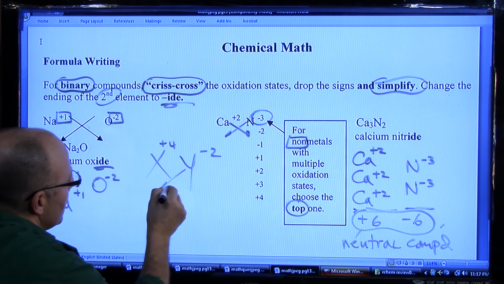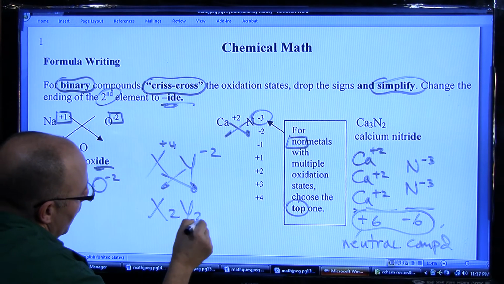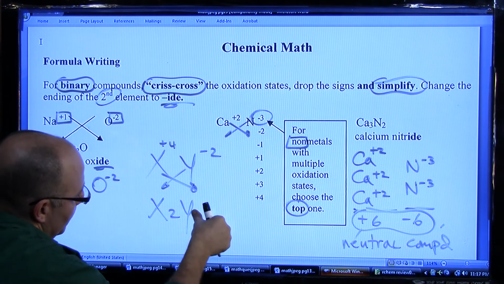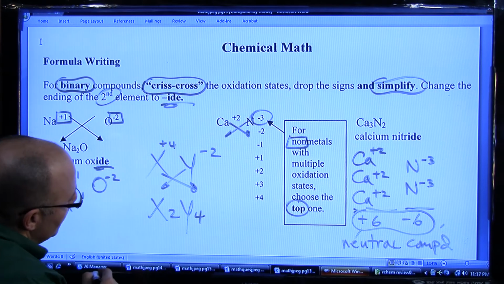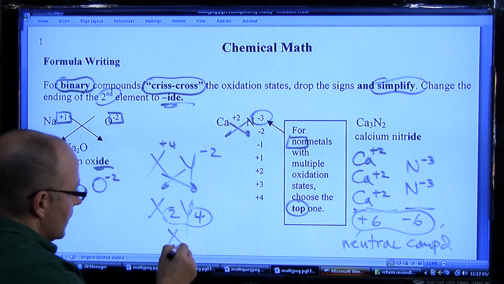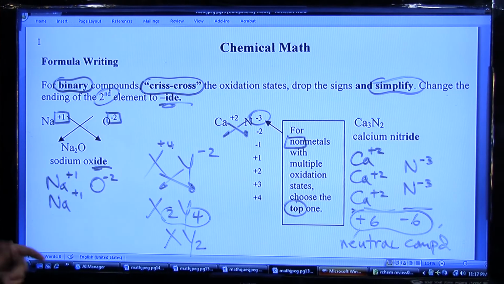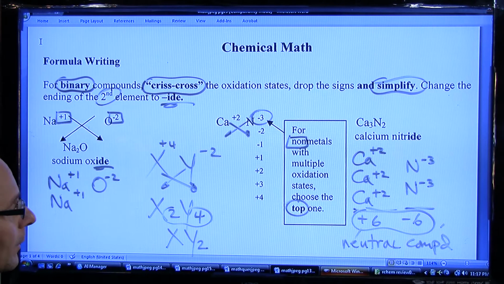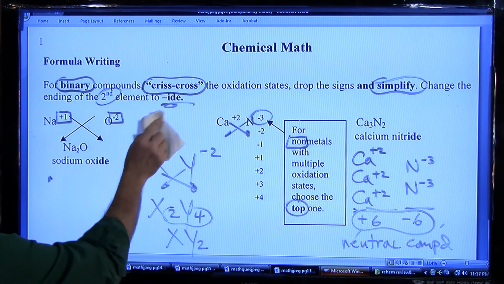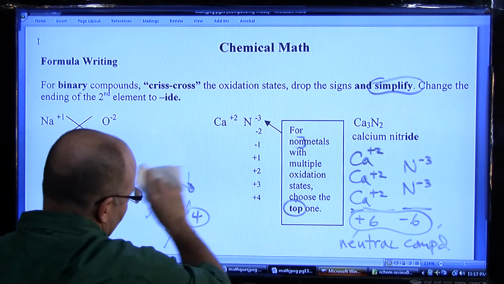When we crisscross these, we end up with X2Y4, and clearly this could be simplified further to XY2. So it's crisscross, and you have to simplify after you've dropped the signs. All right, so that covers the binary compounds.